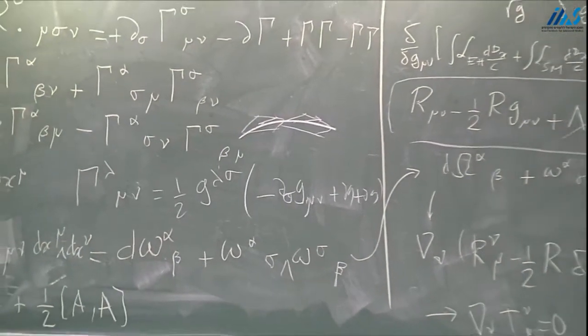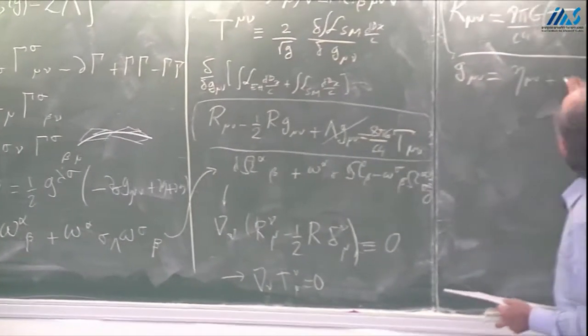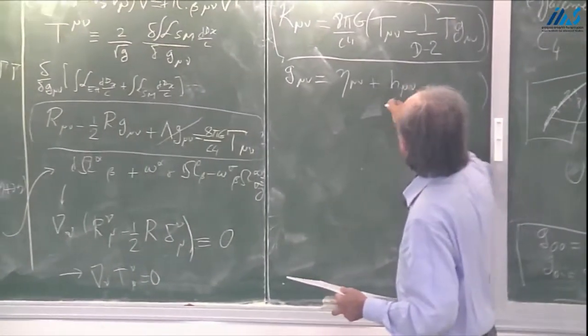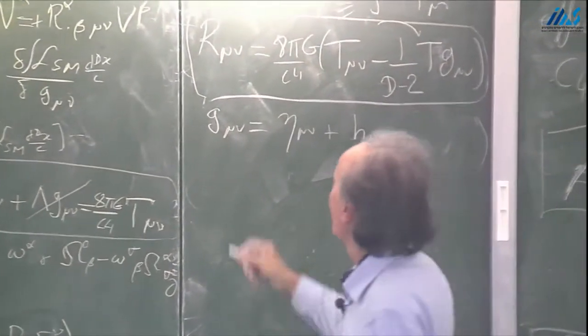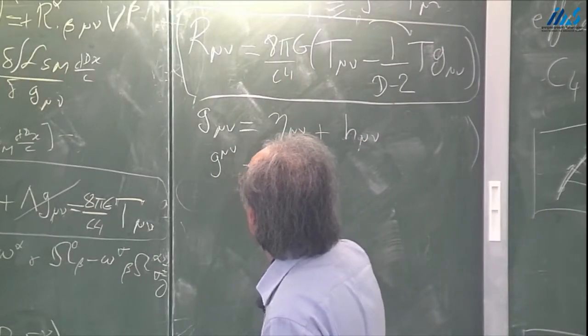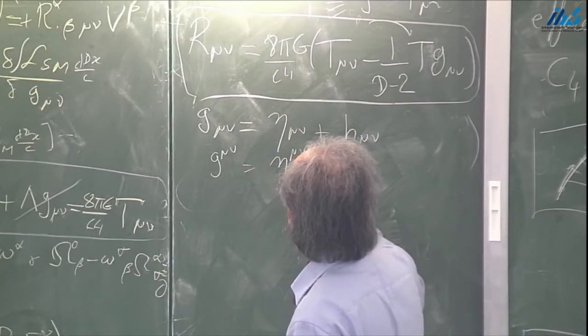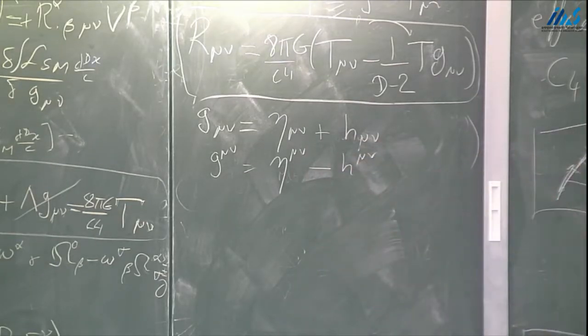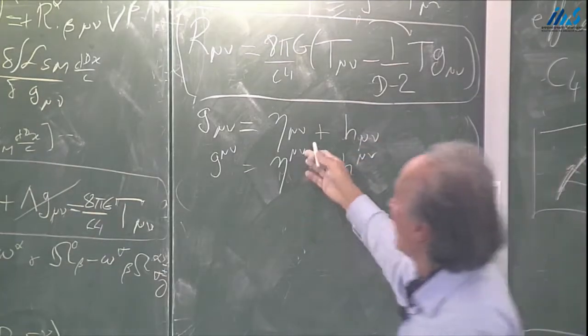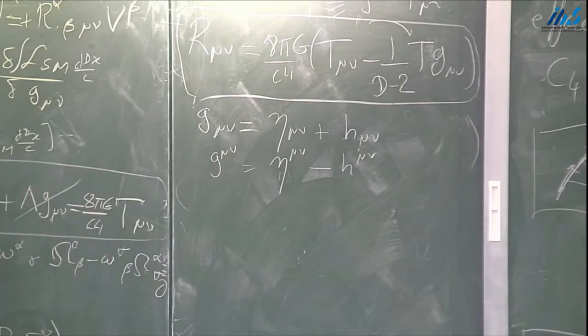Replace g mu nu by the Minkowski metric plus a small perturbation, h is supposed to be small, and work to first order in h mu nu. For instance, the inverse metric becomes eta mu nu inverse minus h mu nu with the indices now raised with the eta metric.